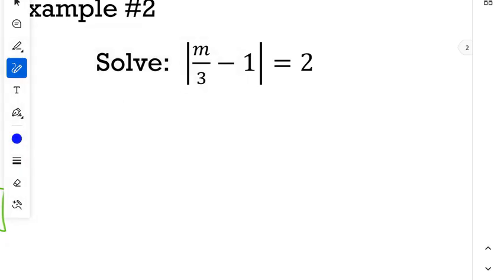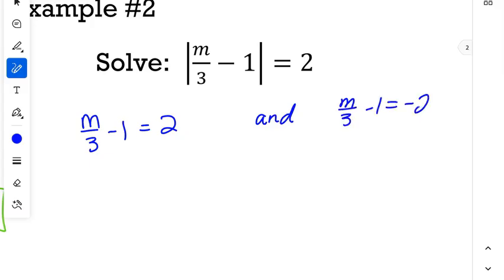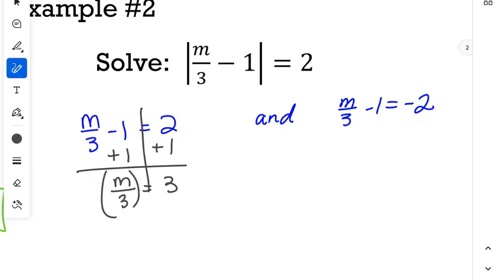Okay, the absolute value of m over 3 minus 1 equals 2. So we are going to say m over 3 minus 1 equals 2, and m over 3 minus 1 equals -2. And then we need to solve both of those. So solving our equation for m. M over 3, that's dividing by 3, so I'm going to multiply by 3.